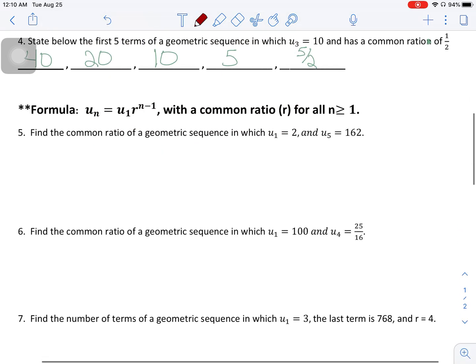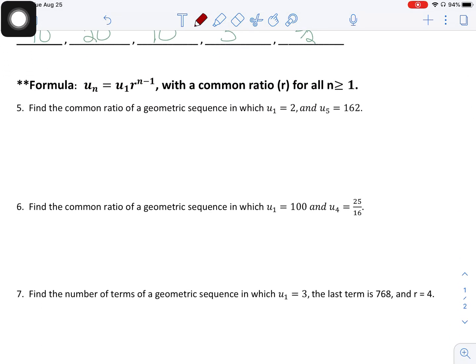All right, so we have another handy-dandy formula here. I think I said this with the arithmetics. You won't need to memorize this specific formula. You will need to know when to use it. So this is a formula to find a specific term. The r is going to give you a hint that this deals with common ratios, so it is a geometric.